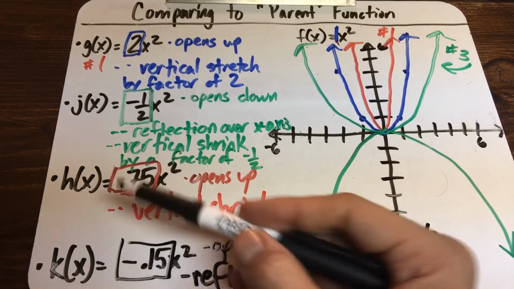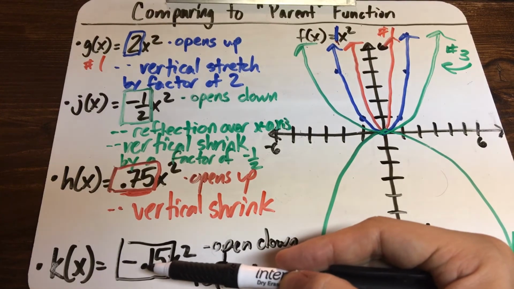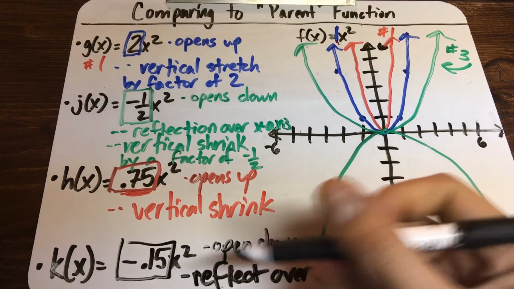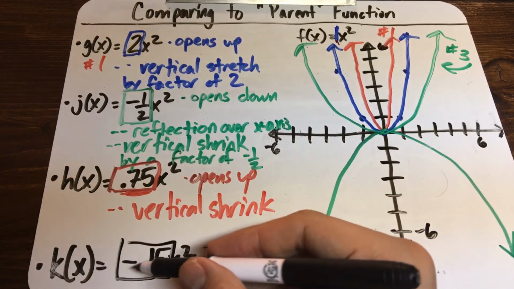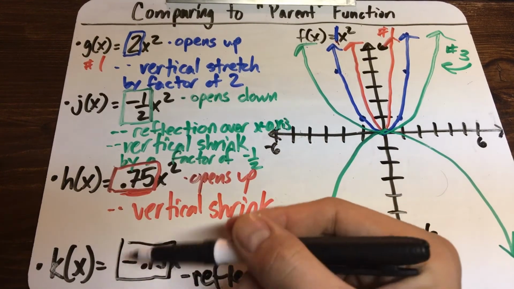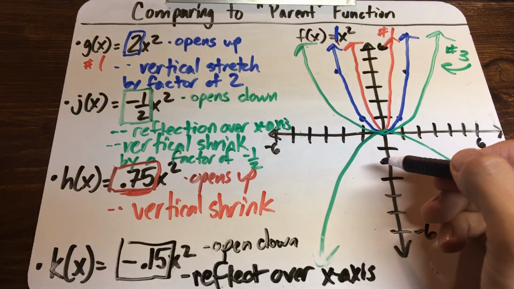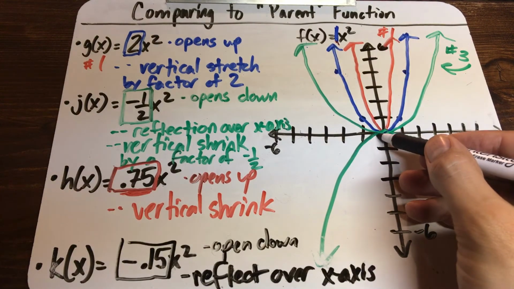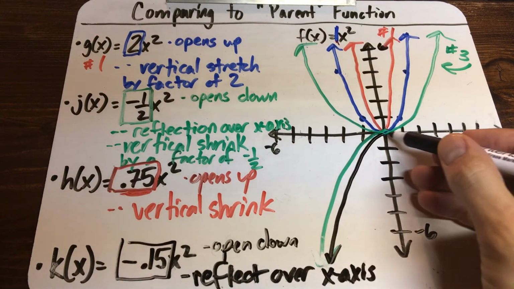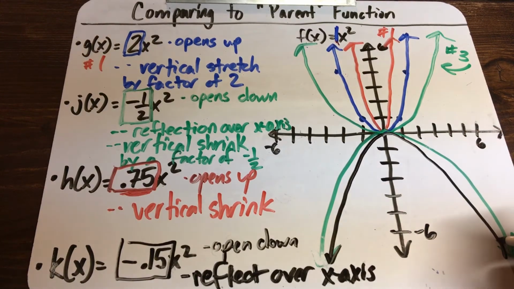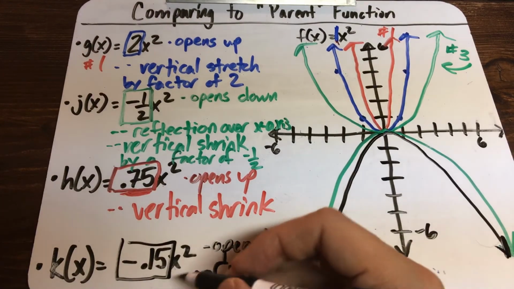That was -1/2, and this is -0.15. On both of these, it is a decimal or a fraction between 0 and 1. So this is another one that's going to be wider than the original one, which makes it a vertical shrink.